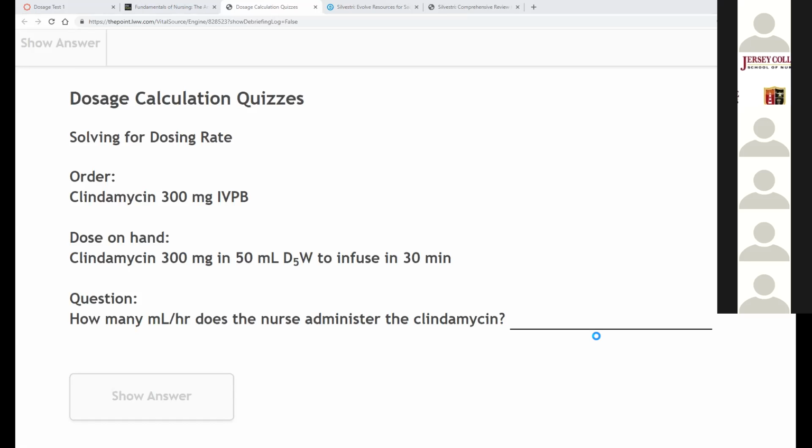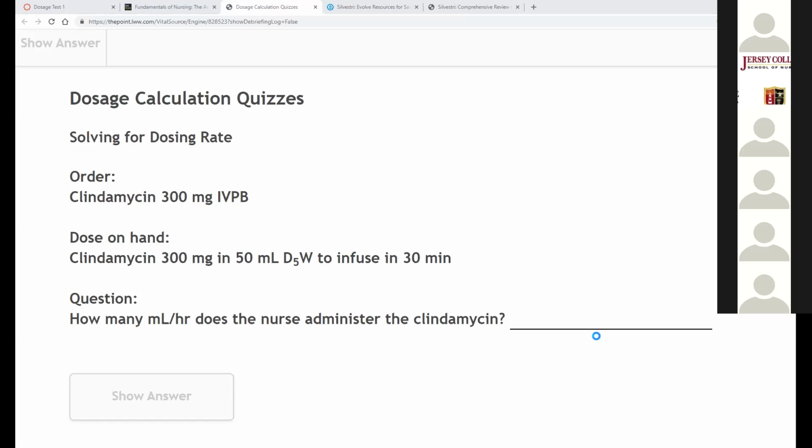Milligrams is always your strength. It's never your volume. Your volume is always going to be in mLs. So what is your total volume? 50 mLs is your total volume.